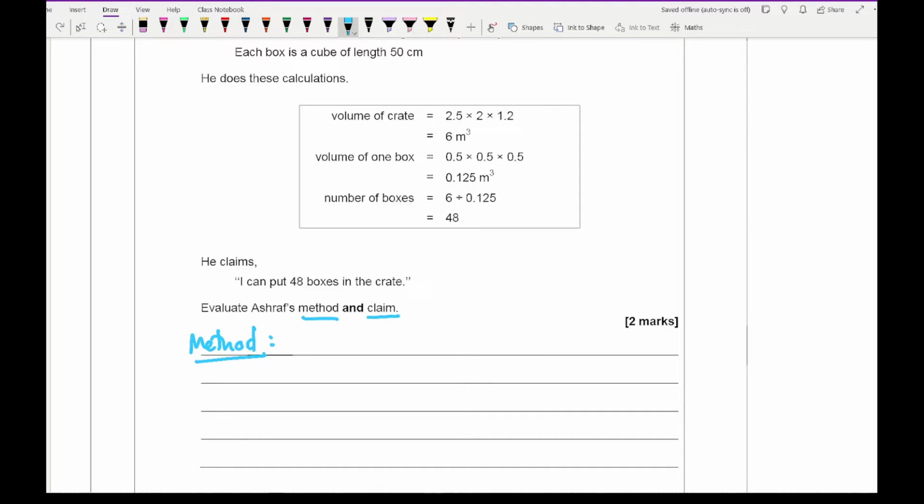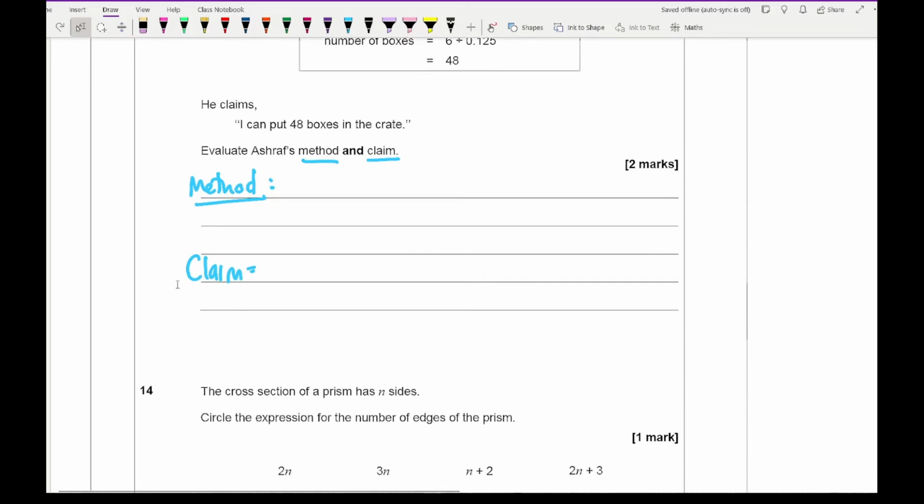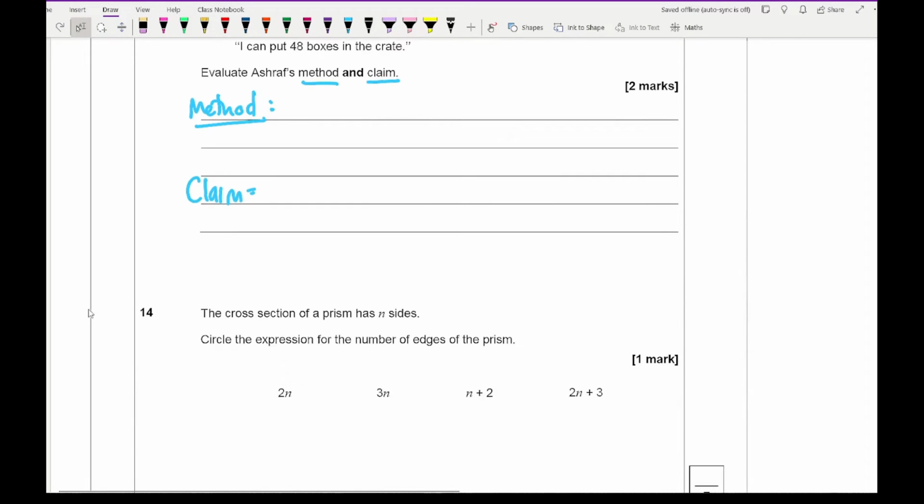So something along the lines of the fact that it won't fit exactly is going to be fine. And then a comment for his claim would be something like he can only fit 40 and that he can't fit 48 because obviously he's just not calculated correctly, unless he's mushed one box into a space, which again is not going to be appropriate.